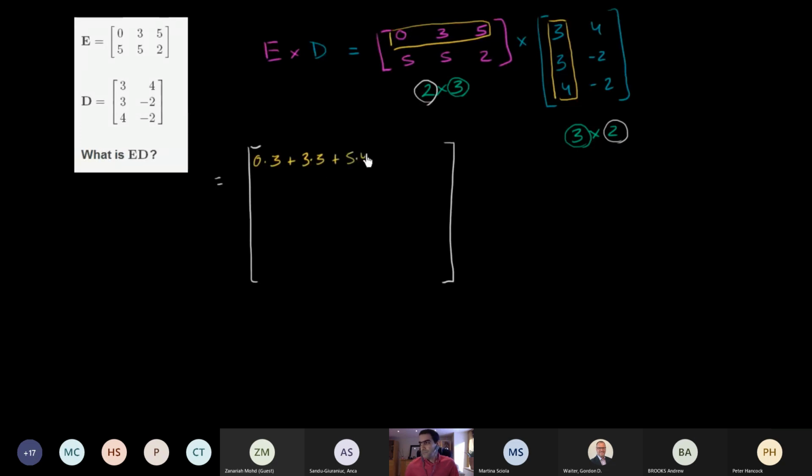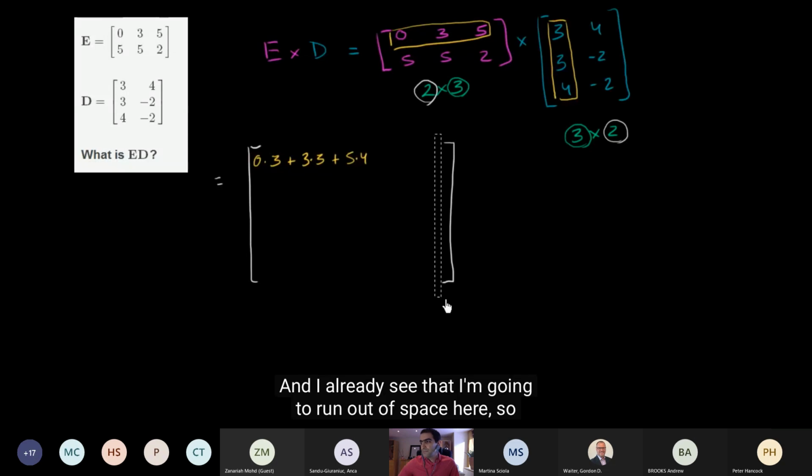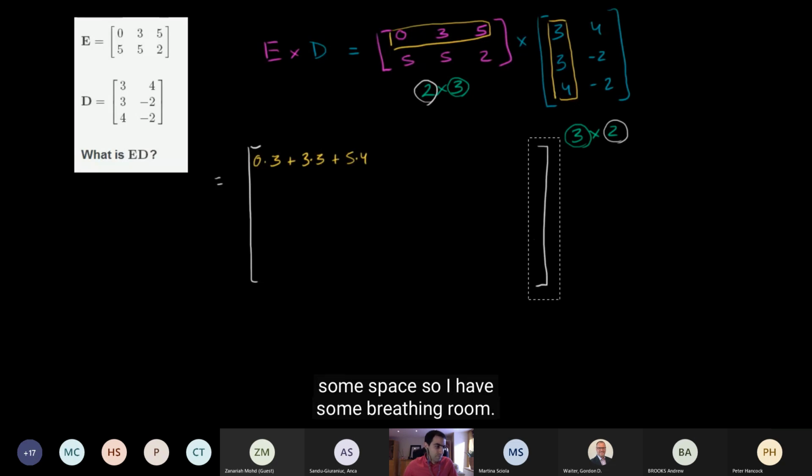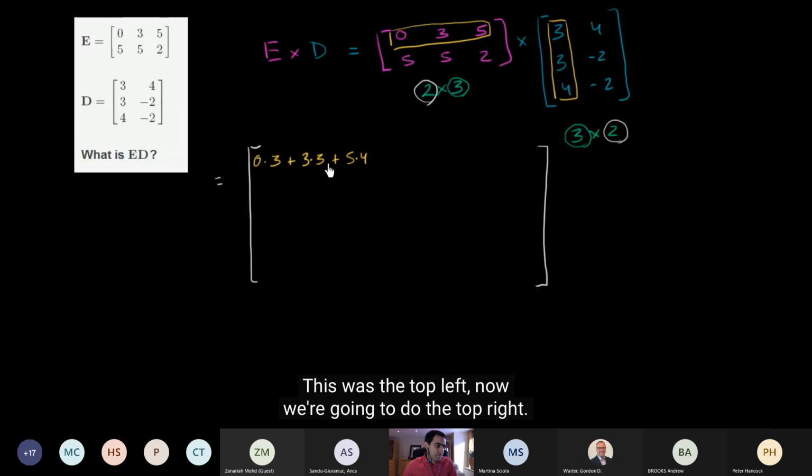So that is the top left entry. You see that I'm going to run out of space. Right. Breathing room. Now we can do the top right entry.